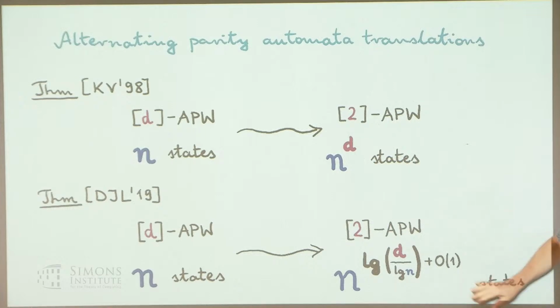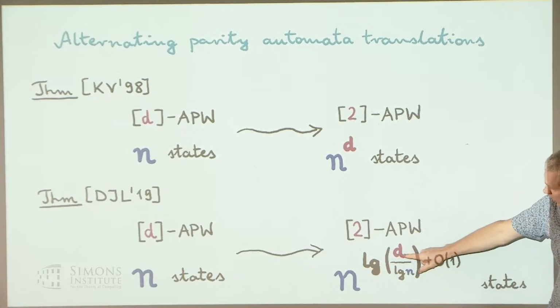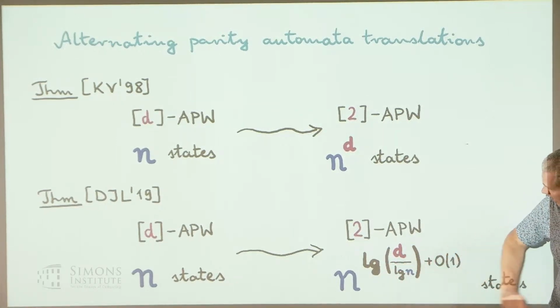So our result, that's a result with Laure and Karoliina, is that you can do this translation with a blow-up that is only quasi-polynomial, where in the exponent we have log, actually base 2, to be precise, of the number of priorities. And if the number of priorities is logarithmic, then it's actually polynomial.